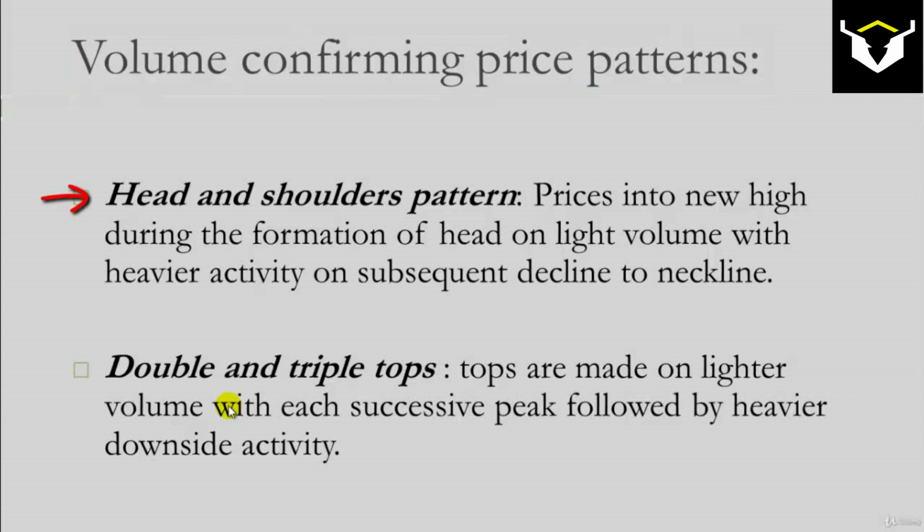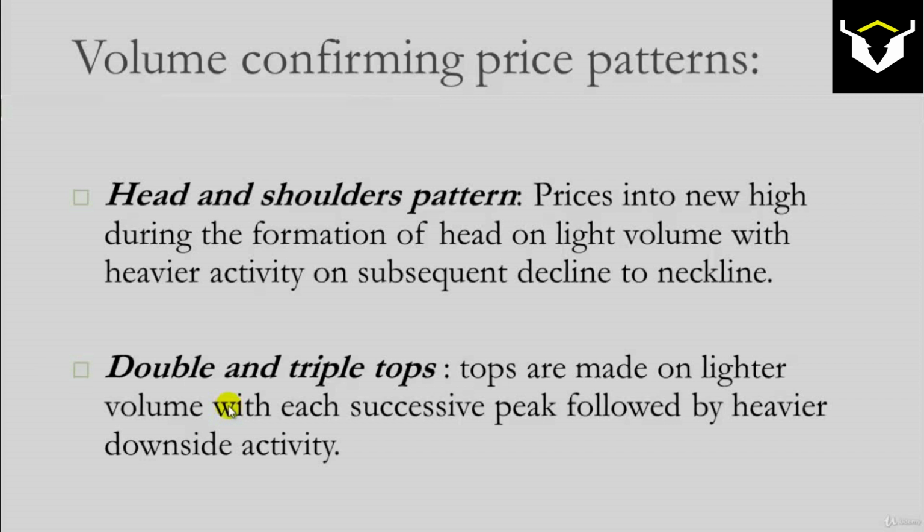So, volume can be used to interpret various chart patterns like head and shoulders patterns, double and triple tops, continuation patterns, a rectangle, a flag, a pennant, etc. For example, in a head and shoulders pattern, the first shoulder is usually seen to be made on higher volumes, followed by a new high made on the head, which is made on lighter volumes, which is again followed by the next shoulder that is lower than the head, made on significantly lower volume.